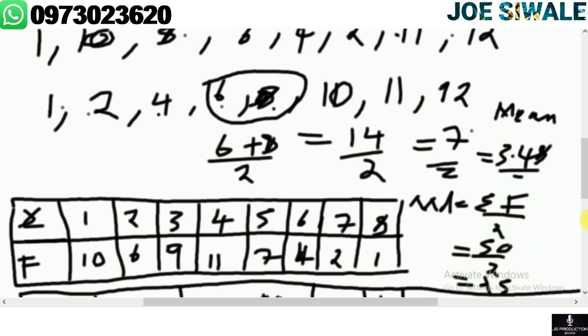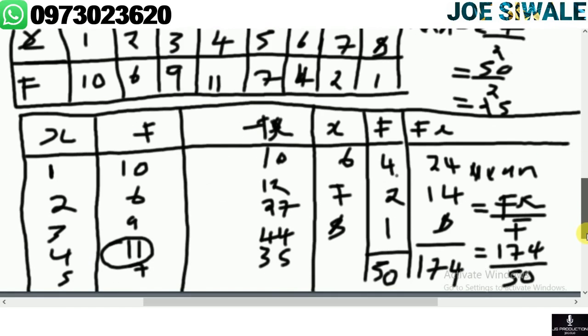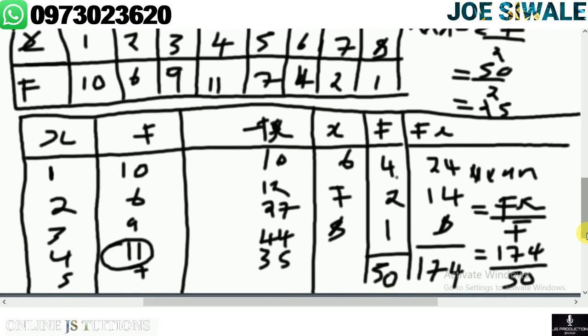So let us try to add the frequency, starting with the first frequency, which is 10. 10 plus 6 is 16.